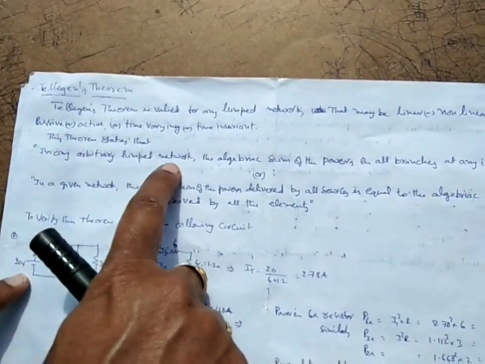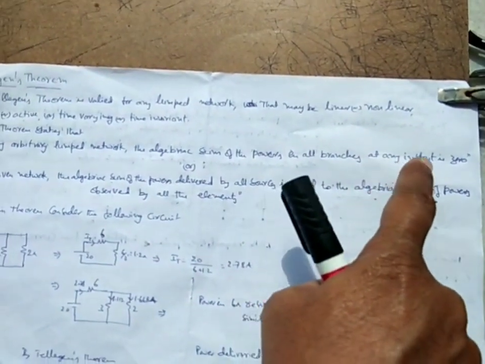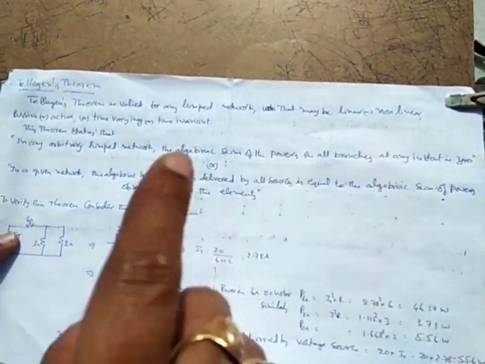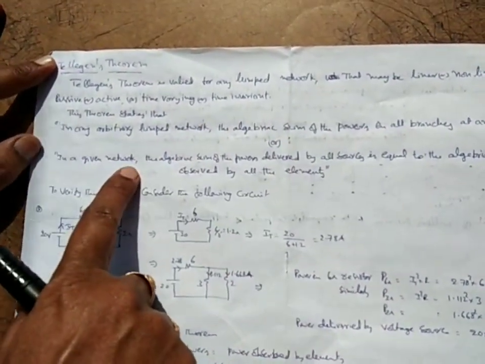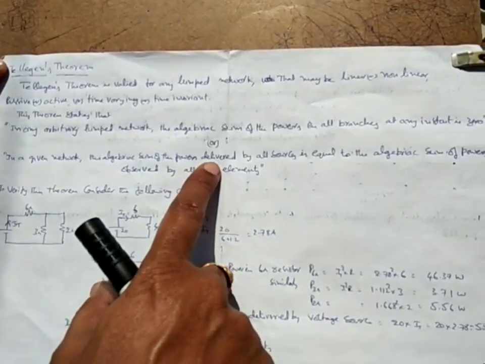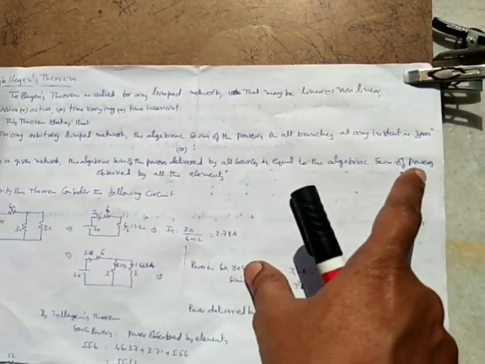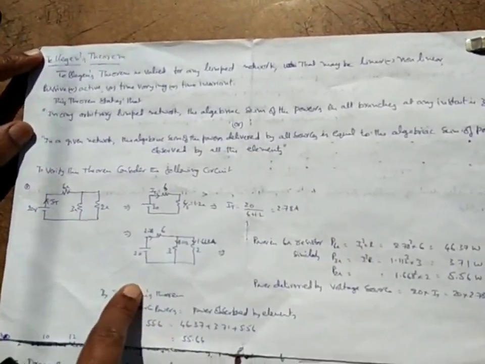In any arbitrary lumped network, the algebraic sum of the powers in all branches at any instant is 0. In other words, in a given network, the algebraic sum of powers delivered by all sources is equal to the algebraic sum of powers absorbed by all the elements.